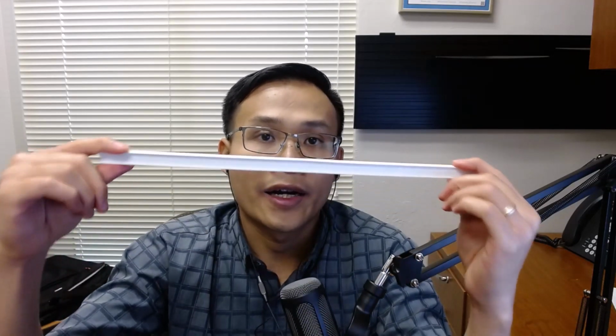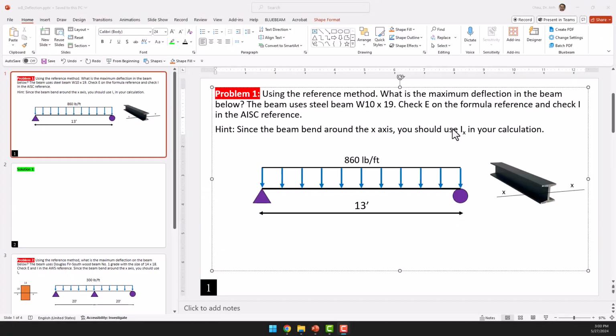Later on in this course, when we move to steel structure, we're going to discuss more about that. But for now, just keep in mind this is an I-beam. For this problem, the first thing you need to do is check the reference.